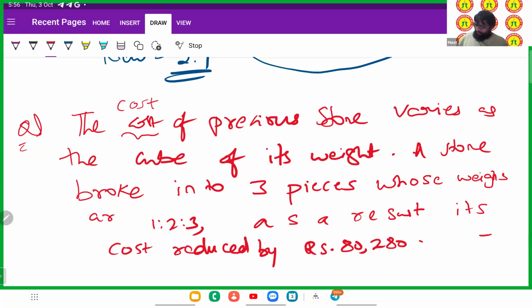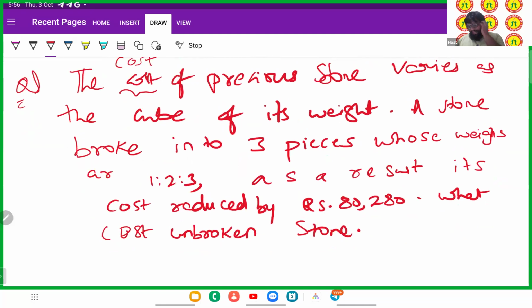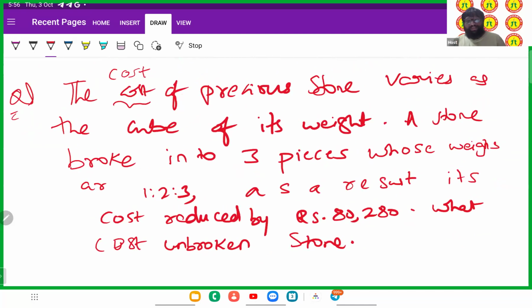They are asking the cost of the unbroken stone, since this is reduced by. The cost of the precious stone varies as the cube of its weight. So here we have to listen to this question very carefully.